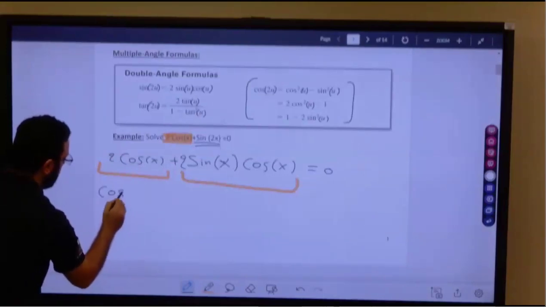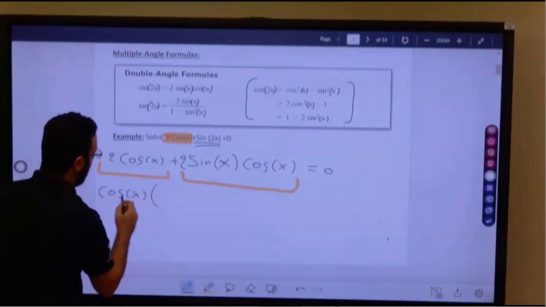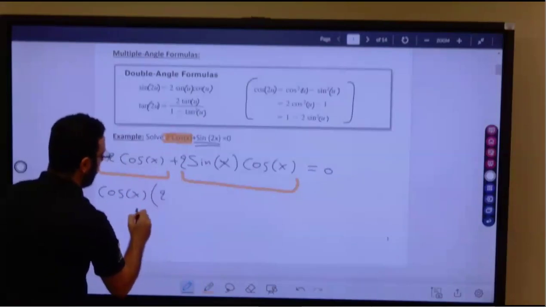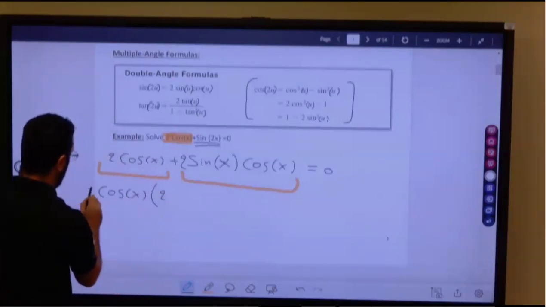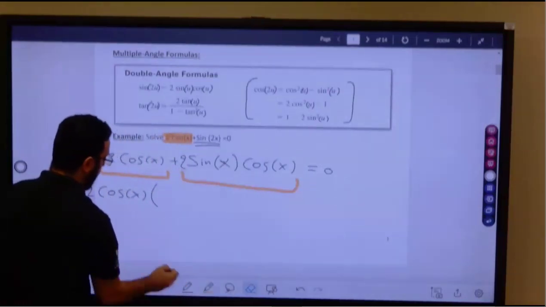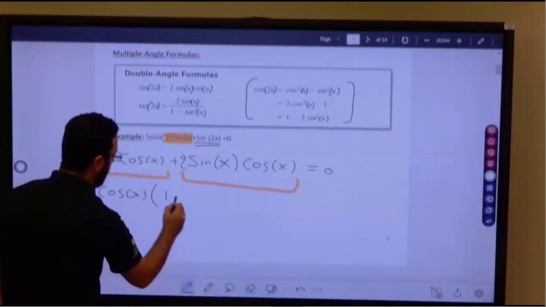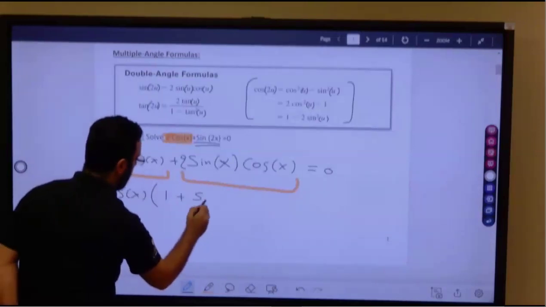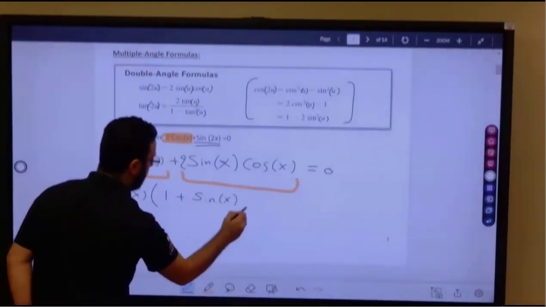So if I take the cosine x out, what's left from here? It's 2 and a plus. If you take out 2 cosine x, because we also have a common 2, what's left here is 1 plus sine x equals 0.